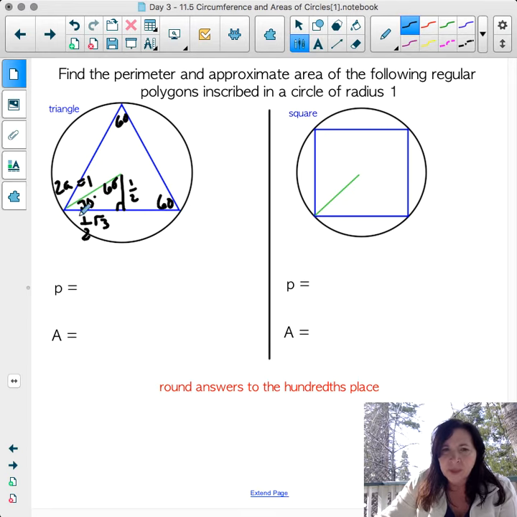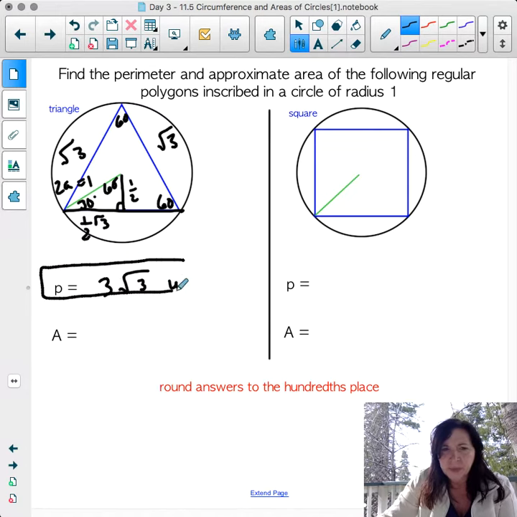The length of one side is 1/2 root 3 plus 1/2 root 3, which makes 1 whole root 3. And so because each side is going to be root 3, I've got root 3 plus root 3 plus root 3, which makes 3 root 3 units. And so that's my perimeter, okay?